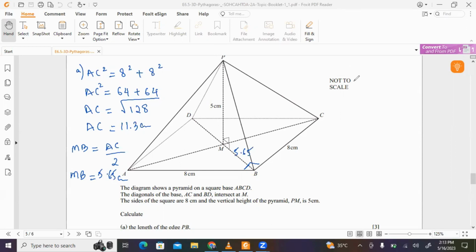So to find PB, apply Pythagoras again: PB squared equals 5 squared plus 5.65 squared. 5.65 squared plus 25 is 56.9225.